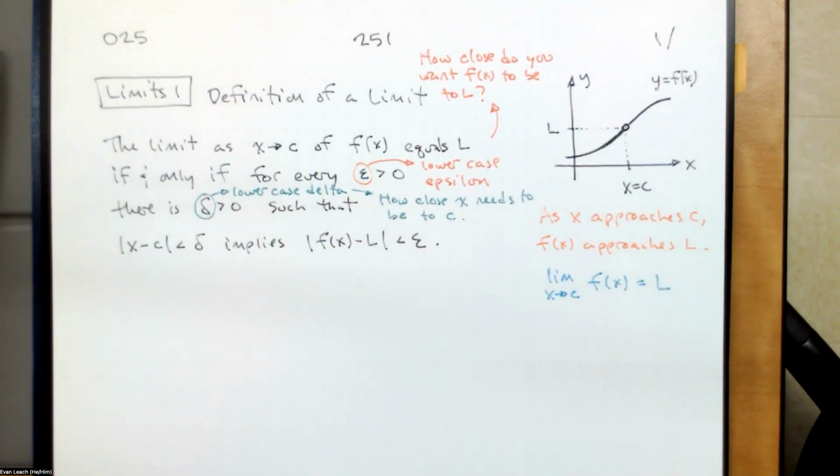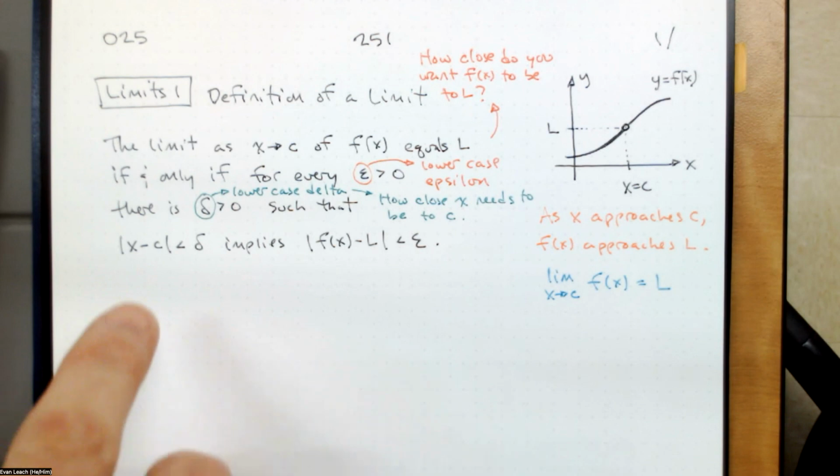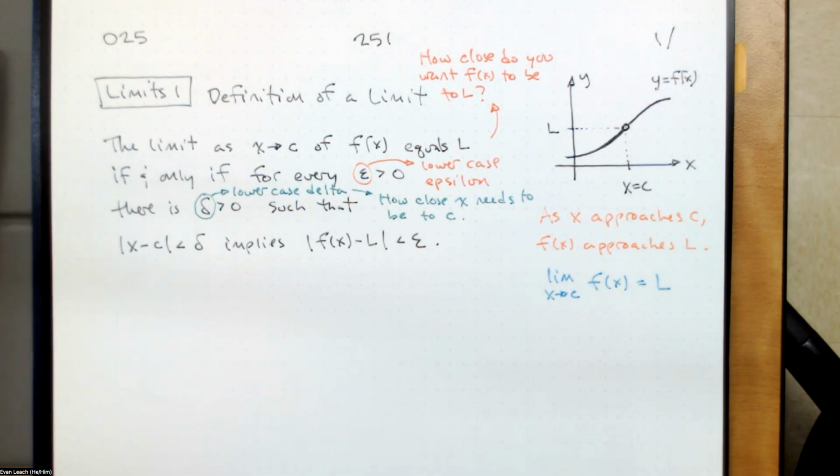So the lowercase delta is how close x needs to be to C. This is written with two absolute value inequalities. The absolute value inequality says the difference between x and C is less than delta.